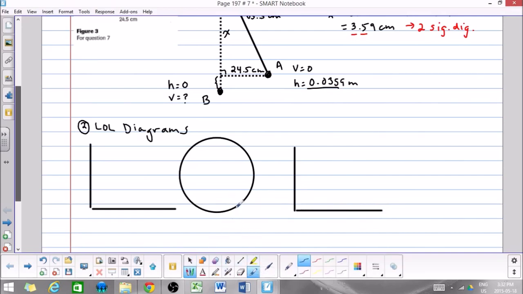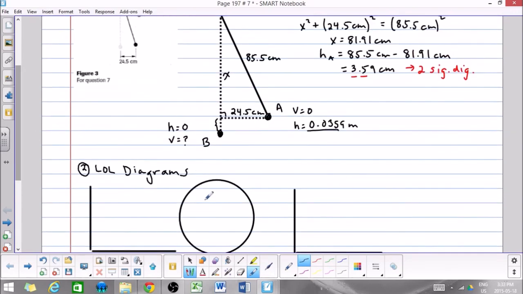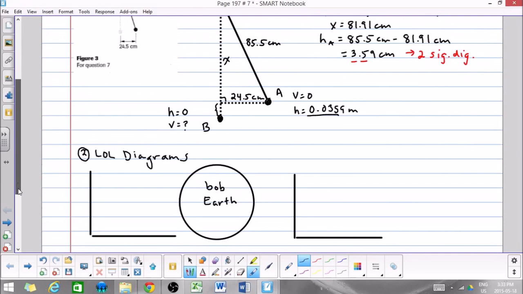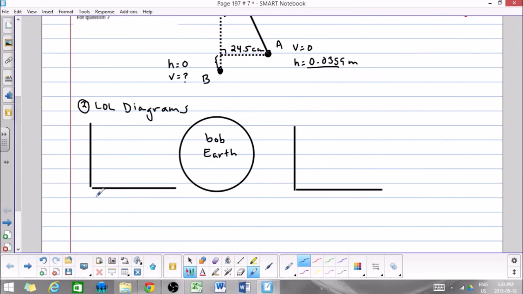So we start by identifying our system. Our system includes, of course, the pendulum bob, but also because there's a change in height, the reason for that is the interaction with the Earth. Now, by making the Earth part of our system, we don't have to do calculations of work done on the bob. We can take care of it by having a gravitational potential energy bar on our LOL diagram.